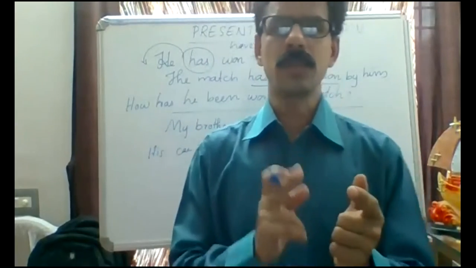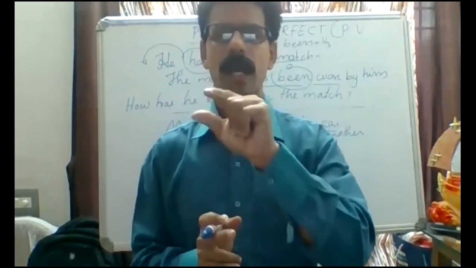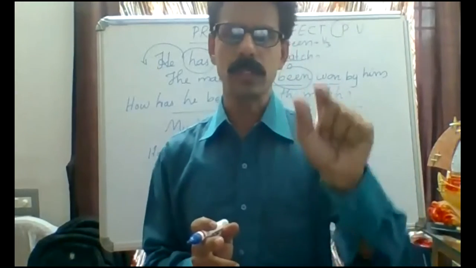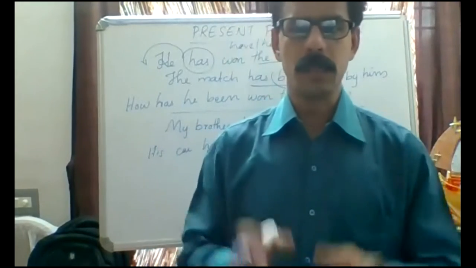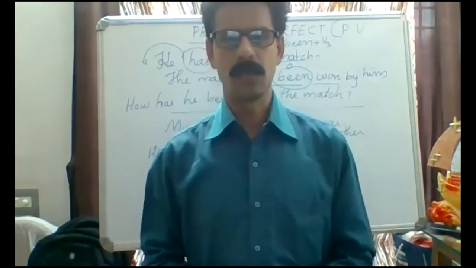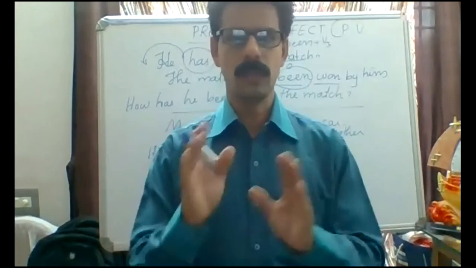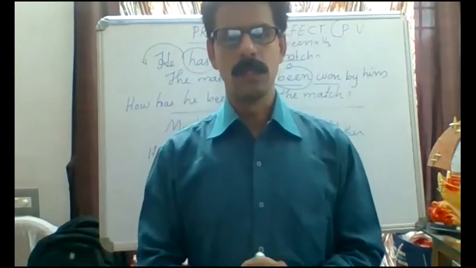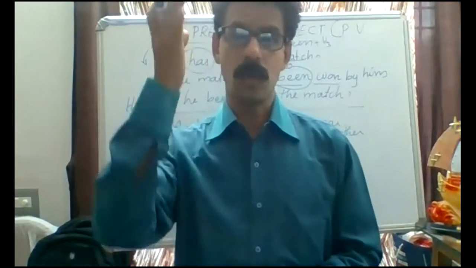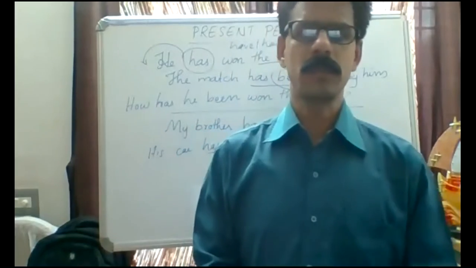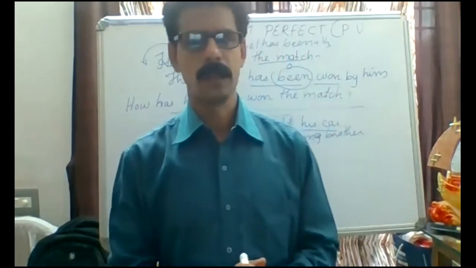Been is the be form used in the present perfect. A WH question always starts with the same question word: what, which, when, where, why, how, who, whom. Whatever question word is given, we must repeat it in the passive construction too.